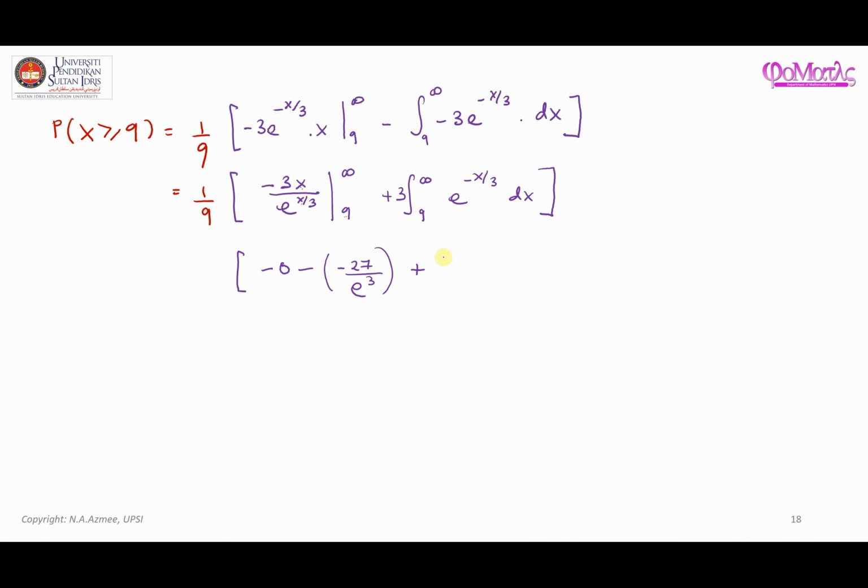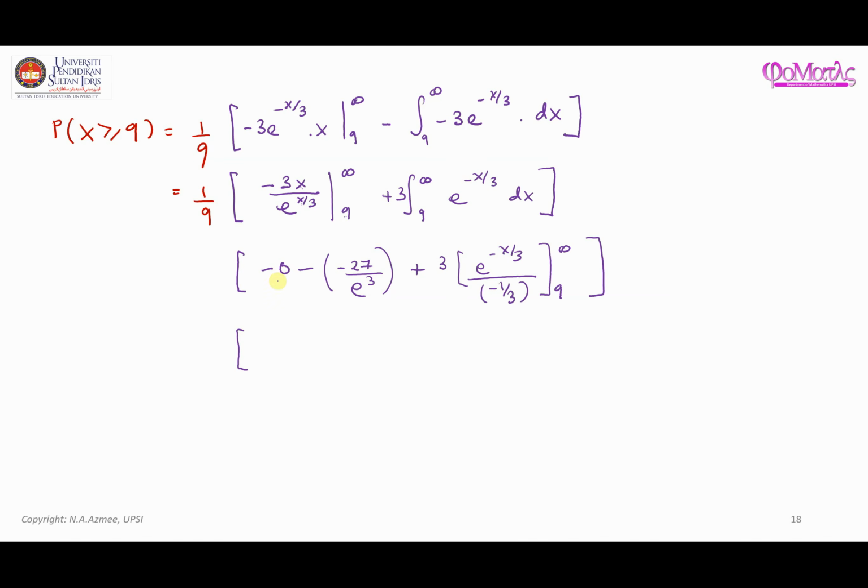Plus 3. Now when you integrate this function, the result will be e^(-x/3) times negative 1 over 3, evaluated from 9 to infinity. Okay, and I'm just going to focus on the purple part first. I'm leaving the red one here for a while, so just bear in mind that's what I'm doing right now.